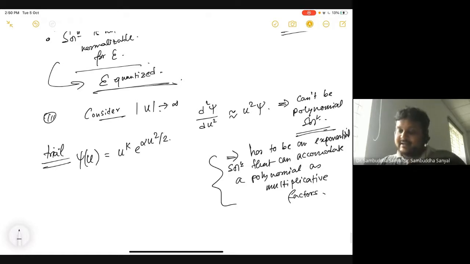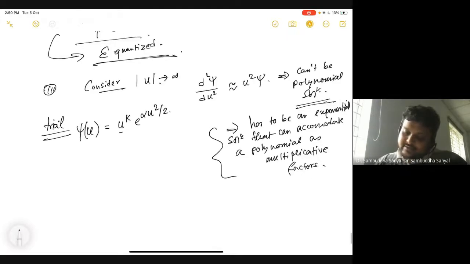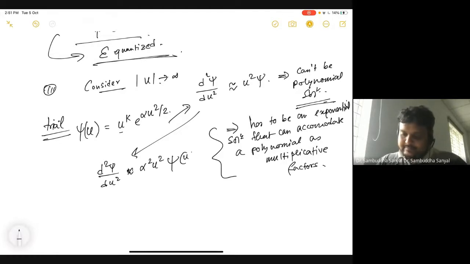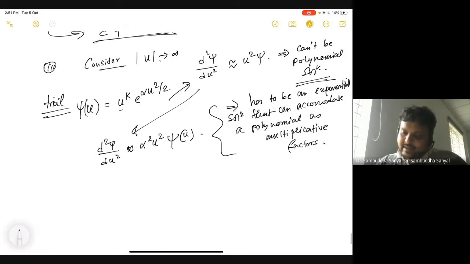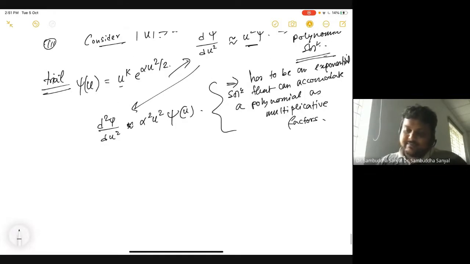Because I said it has to be an exponential and it can be multiplied by a polynomial, I multiply it by a generic power function. So if I plug this into this equation, then what will I get? And this alpha, now if I compare this with the original equation, it can fit only if alpha is plus minus 1.